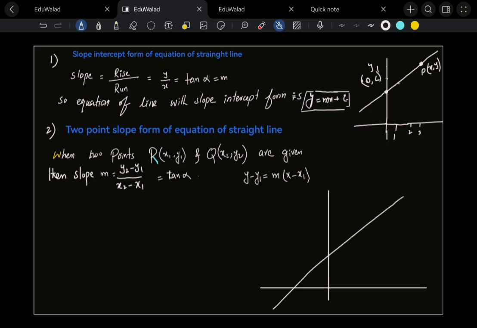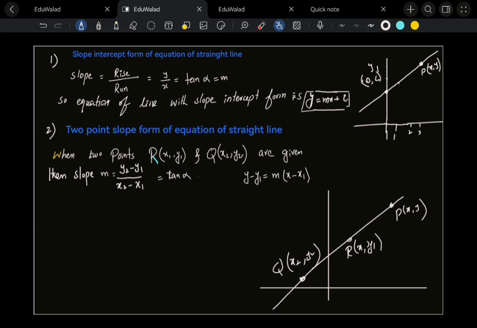Let's say this is our P of x and y, this is our R of x1 y1, and this point is Q of x2 y2. So these points are on a straight line. Now we want to find the 2-point slope form of equation of straight line.